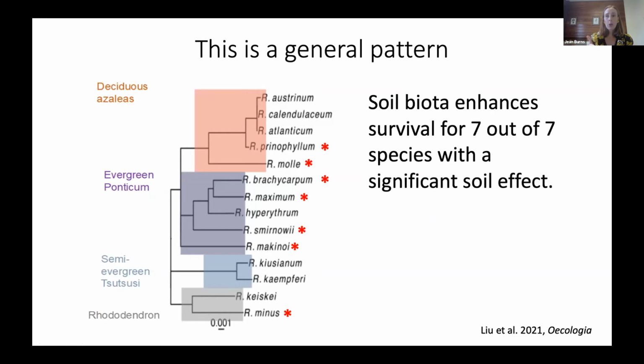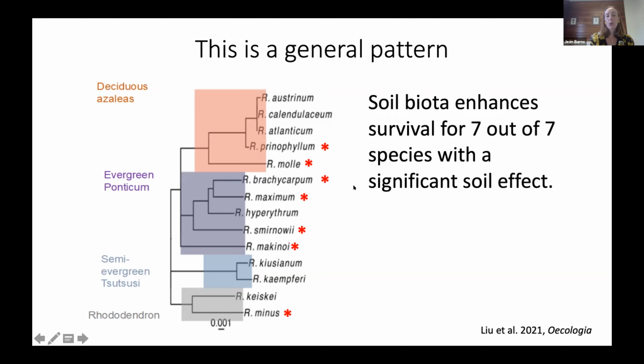A phylogeny shows us the relatedness among species where closer relatives are closer to one another on these branches. So for example, the deciduous azaleas are a clade, or a group of close relatives. And you see within the deciduous azaleas 2 species that responded significantly to the soil treatment, and both of them benefited from the soil biota effect when there was a disease, when there was a pathogen present.